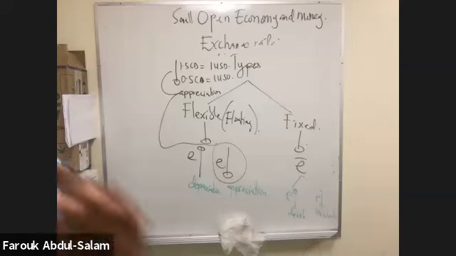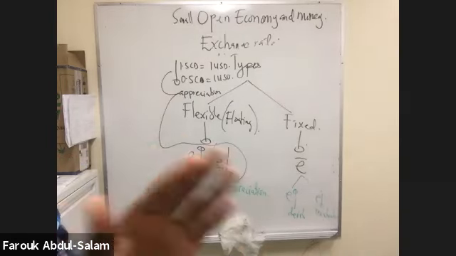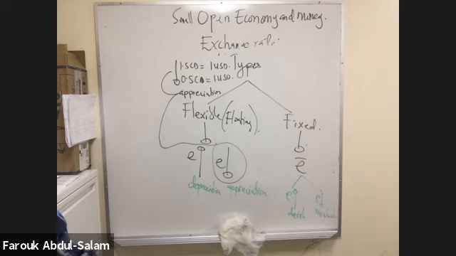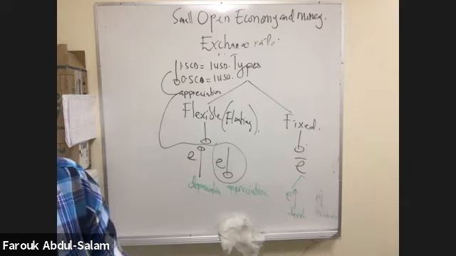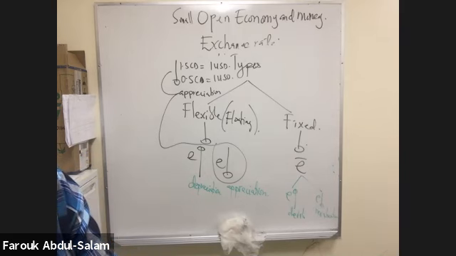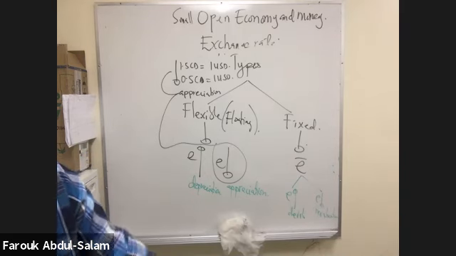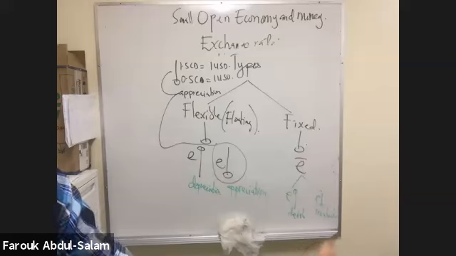Sure. The change in terminology represents that in a fixed system, the changes are made by the government rather than by the market. For the fixed, it's made by the government or the central bank. So we call it either they devalue their currency or they revalue their currency. So that's why the word is revalue or devalue by the central bank or by the government.